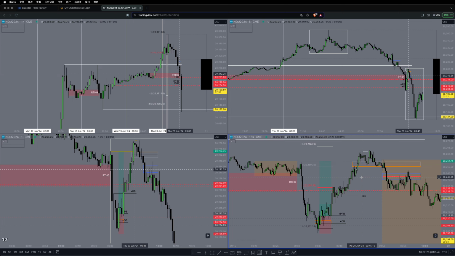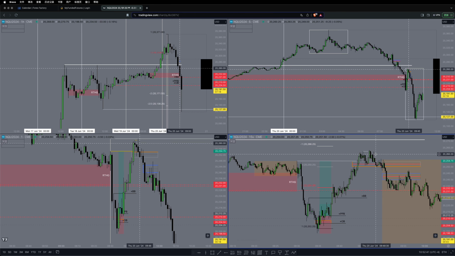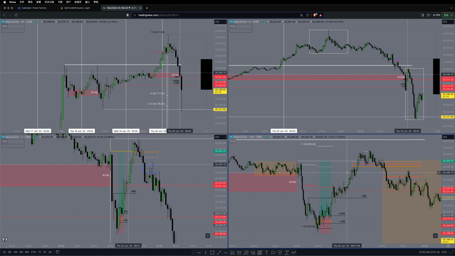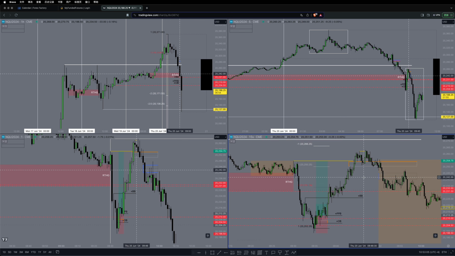Because all the logic behind it is supporting the price to go lower, and we have cleared this short-term buy-side liquidity, and we have dropped down with displacement, so fair value gaps, and this breaker is lining up with the fair value gap, and also it's just about the 50% level of this 1 minute fair value gap.